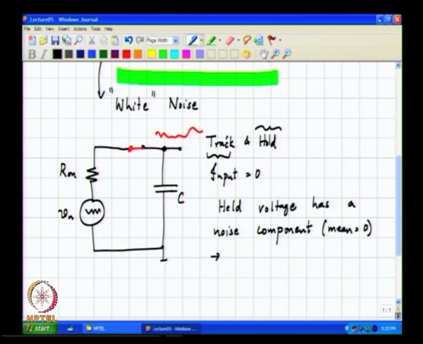So, if the mean is 0, the other thing we would like to be interested in is what happens to the mean square value. Just like we are interested in the mean square value of Vn, we are also going to be interested in the mean square value of the noise component which is sampled on the capacitor.